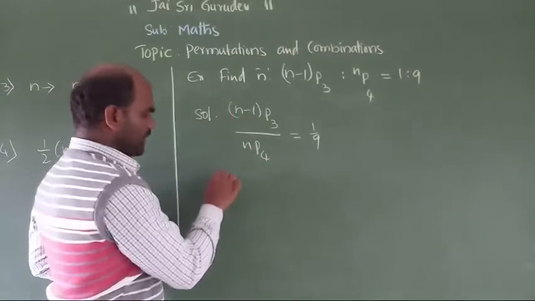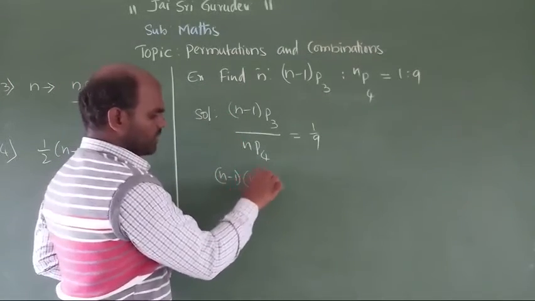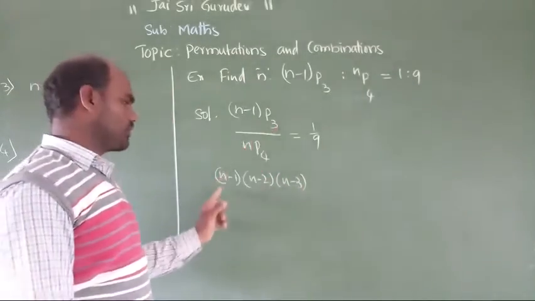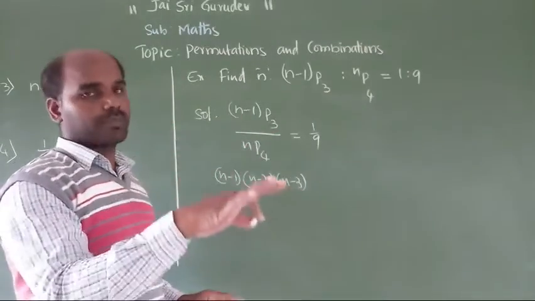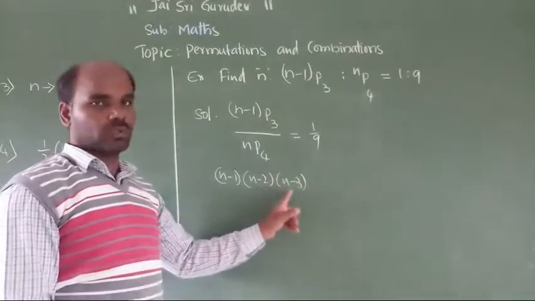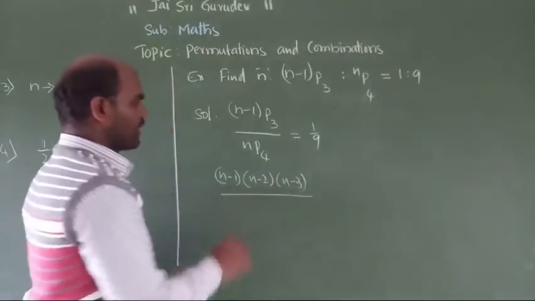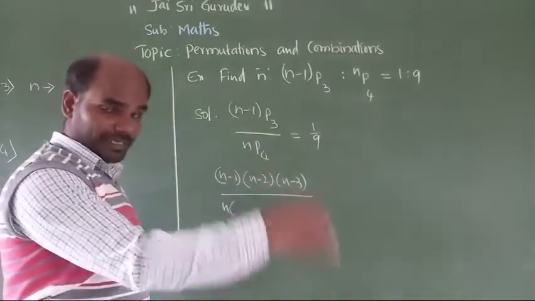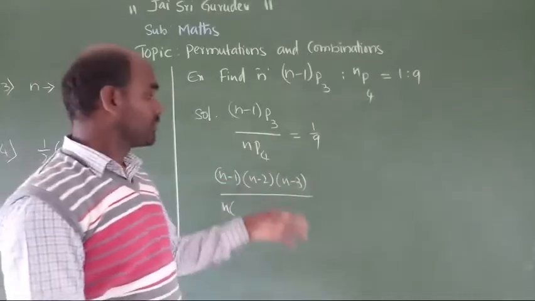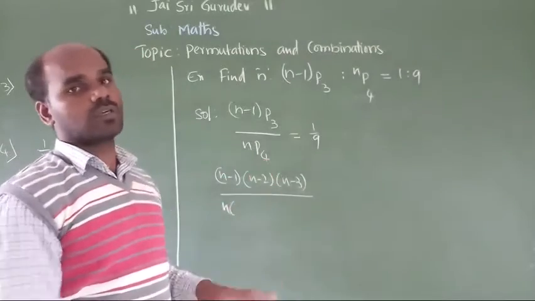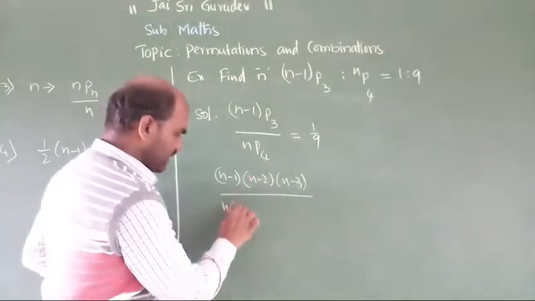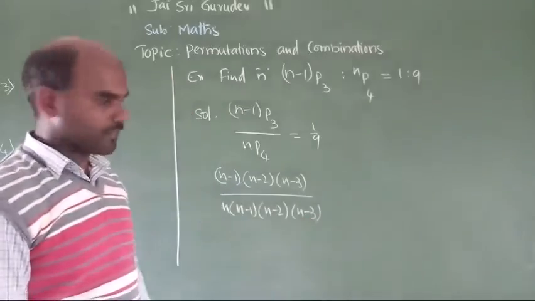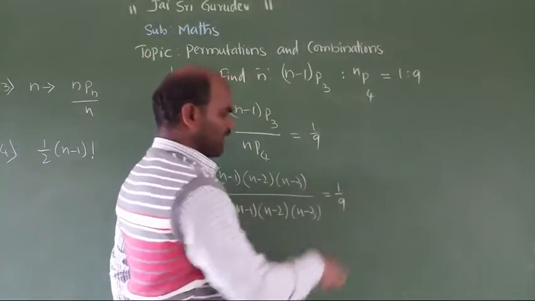So that is n minus 1 into n minus 2 into n minus 3, divided by n P 4. Here we write 4 numbers: n into n minus 1 into n minus 2 into n minus 3, equal to 1 by 9.